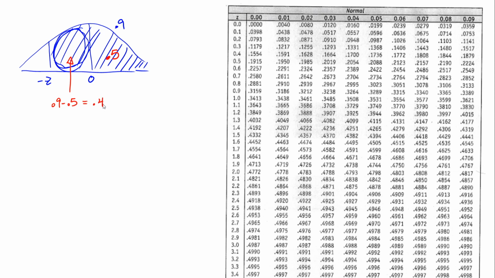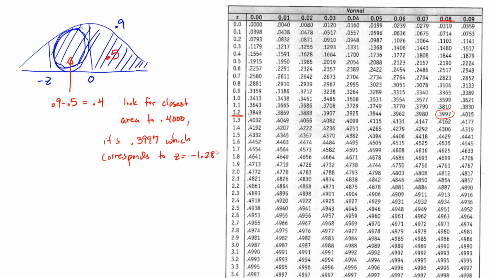So we'll look for the closest thing we can find to 0.4 on the table. It ends up being 0.3997, which corresponds to 1.28. Now it corresponds to positive z is equal to 1.28, but we have to look at our picture to determine this z is supposed to be negative based on where it's placed on the graph.